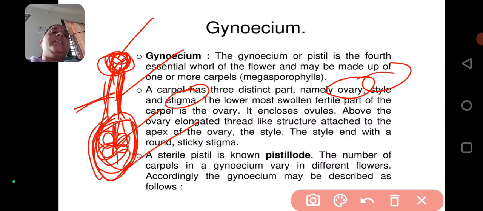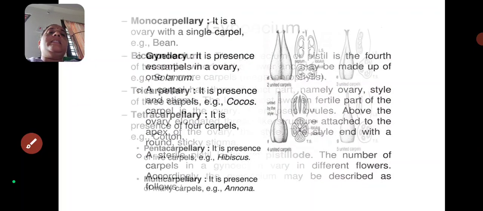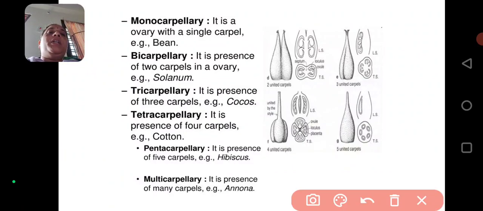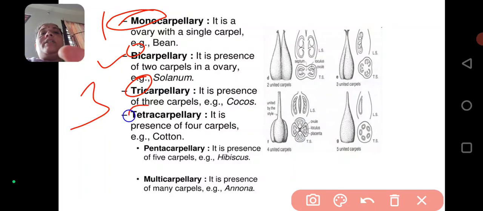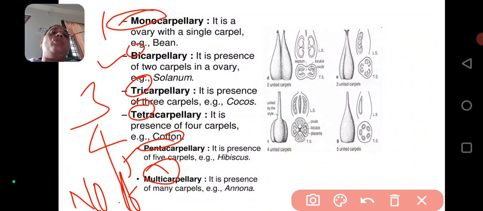Accordingly, the gynoecium may be described as monocarpellary, bicarpellary, tricarpellary and tetracarpellary. Mono means 1, bi means 2, tri means 3, tetra means 4, penta means 5, multi means many, based on the carpels.